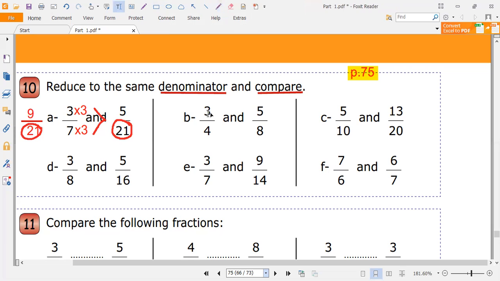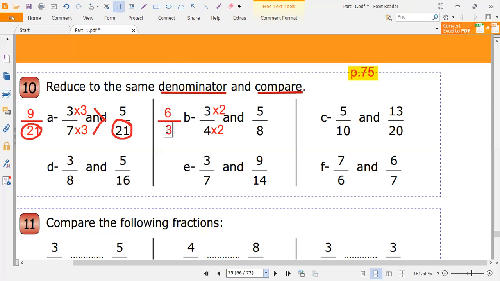Now we have 3/4 and 5/8. We look at the smallest number. 4 can become 8. Yes, if we multiply the 4 by 2, we get 8. So we have to multiply the numerator and the denominator of this fraction by 2. We get 3 times 2, 6. 4 times 2, 8.